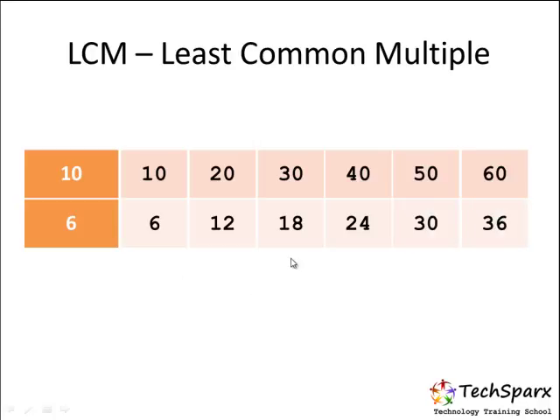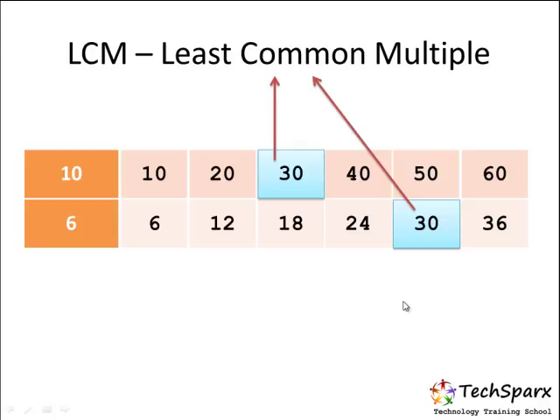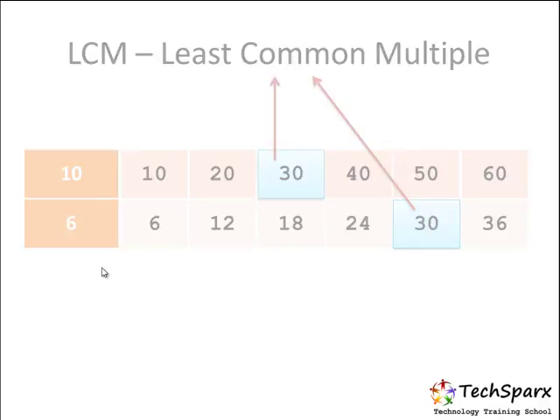Which is the least common multiple? Is 10 common anywhere? No. 20? No. 30? Yes, 30 is the least common multiple. So this is how we find HCF and LCM. Storing this in an array and then displaying the least common multiple is going to be very tough. So what you can do is follow Euclid's algorithm.